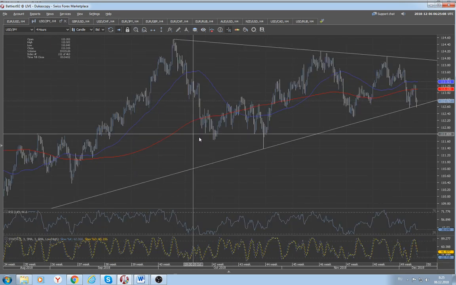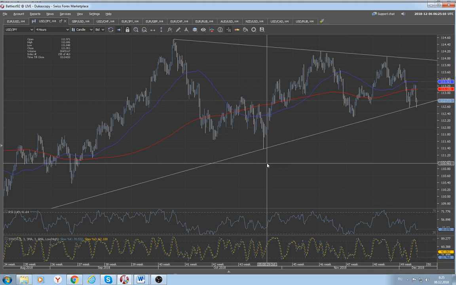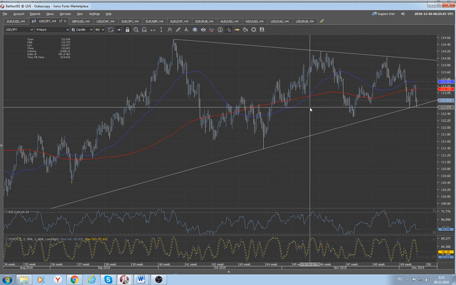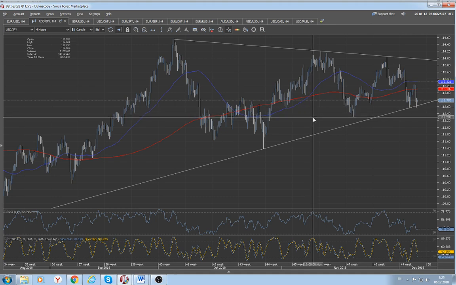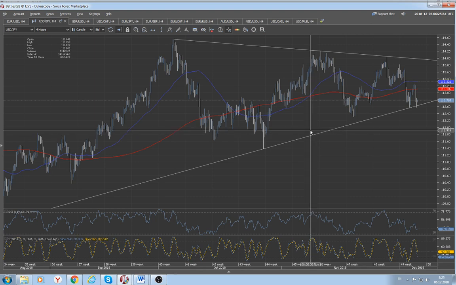All in all, in case of further spreading of negative news, further falling of, for example, stock prices and the spreading of risk aversion sentiment, we should understand that dollar yen could move some lower, with the next support located at 112.30, 112.90, let's say so.